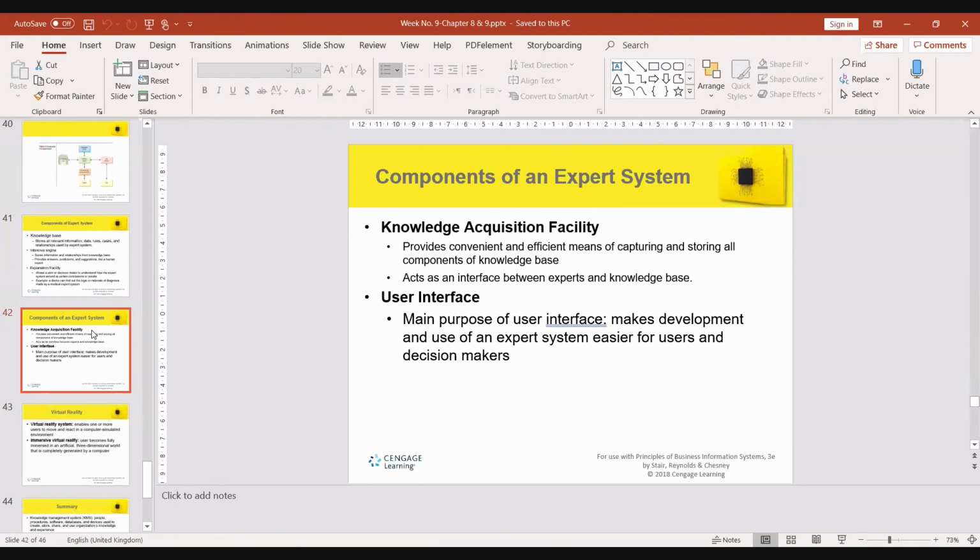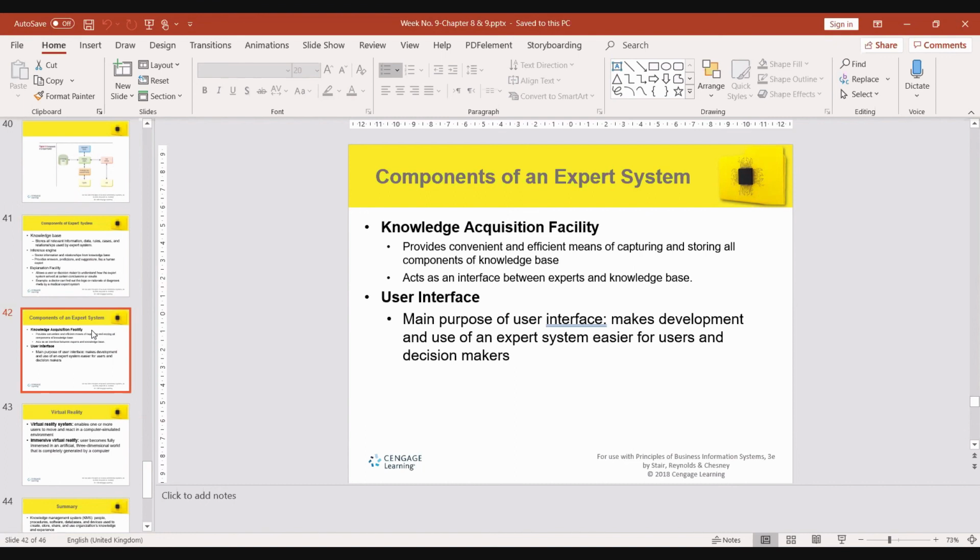Knowledge acquisition, from where the system can get the knowledge, provides a convenient and efficient means of capturing and storing all components of the knowledge base, acting as an interface between the expert and the knowledge base. So this system has the capability of taking knowledge from the expert. If it is in the health sector, there can be many experts, for example, an expert system for heart disease.